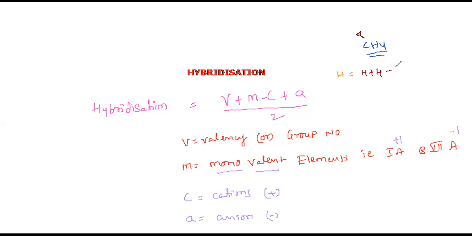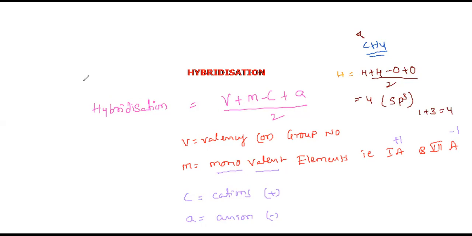Any cation, any positive charge? No. Any anion? No. By 2. That is 4. If it is 4, that is 1 s and the remaining 3 are p, so s orbital 1 plus p orbital 3. That is sp3.